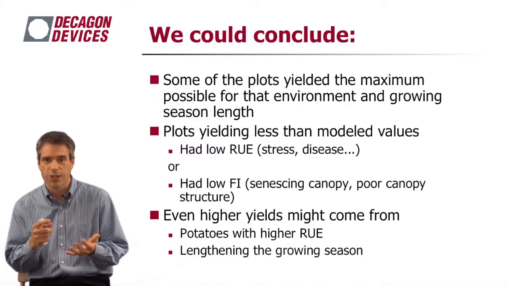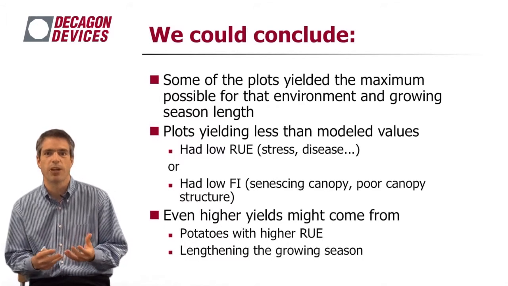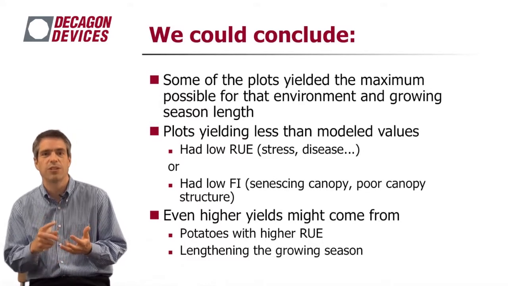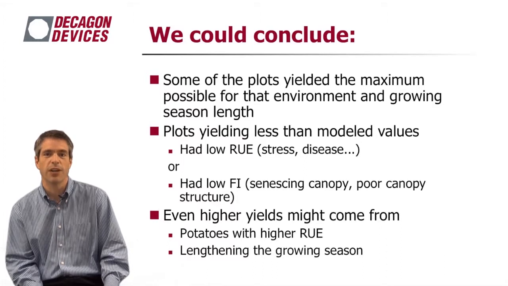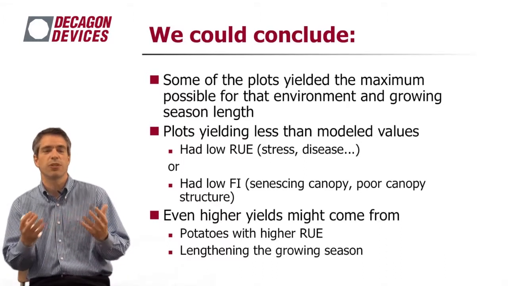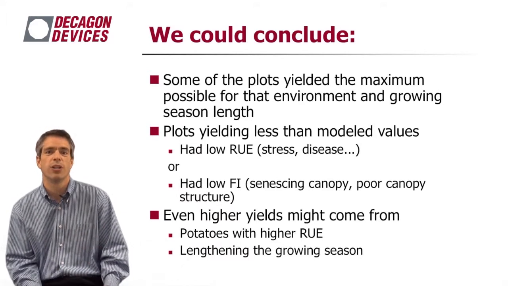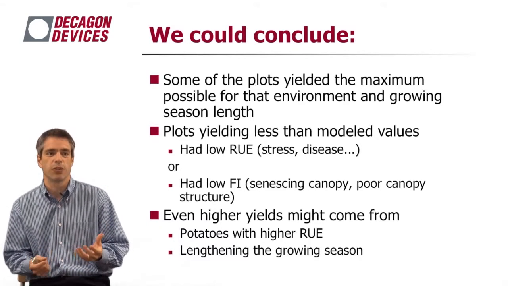Why would they have that? There are a lot of things that might cause that: disease, stress, and other things that lower that value. They really are environmental concerns, essentially falling off that line related to the environment the crop was grown in.